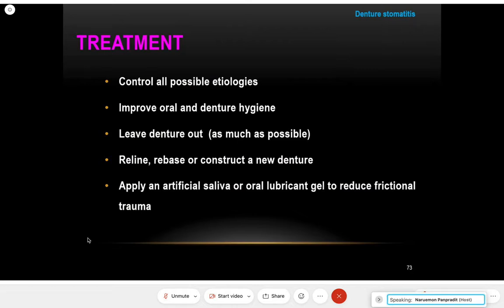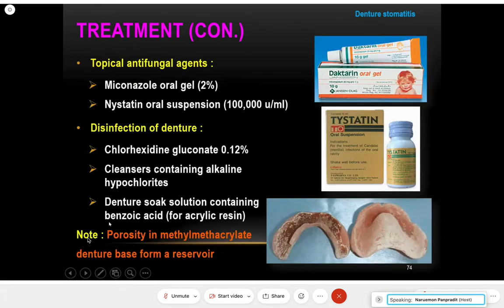And some cases come together with dry mouth. Maybe a lubricant gel can also reduce the friction and trauma. Because type 2 and type 3 relate to fungal and bacterial infection, the drug of choice is miconazole oral gel because it has antifungal and antibacterial properties.